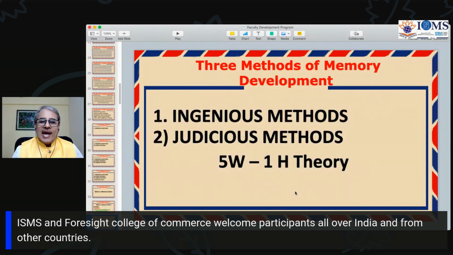Now, the second method of improving memory. The first technique is called the ingenious technique; the second is called the judicious technique. The judicious technique is also called the five wives, one husband theory. Oh my god, this is the opposite of the Pandavas.